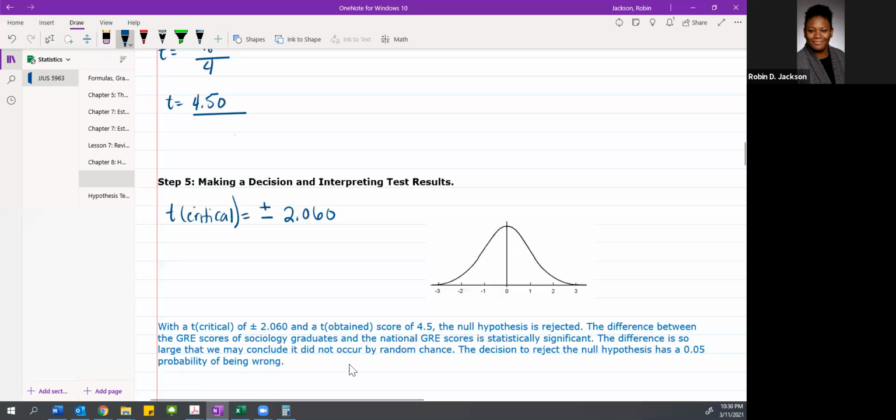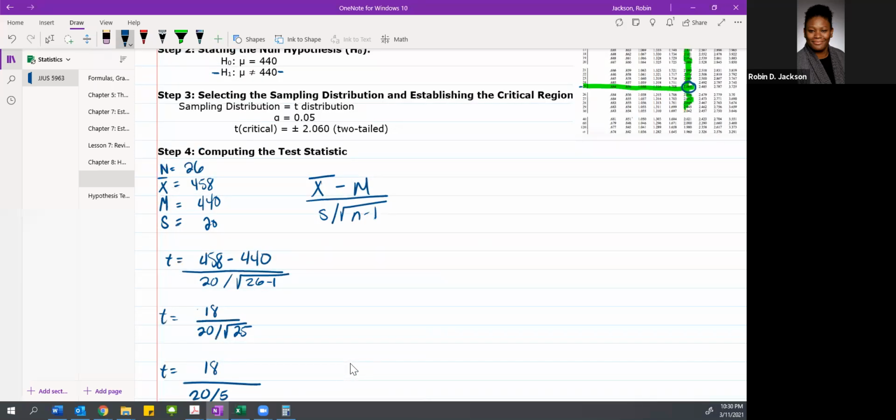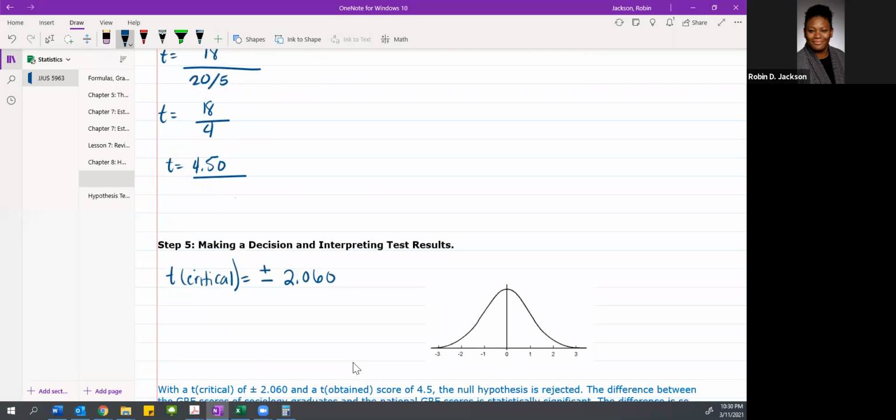Let me double check. I just want to be certain. Yes. And our T obtained is equal to 4.50.